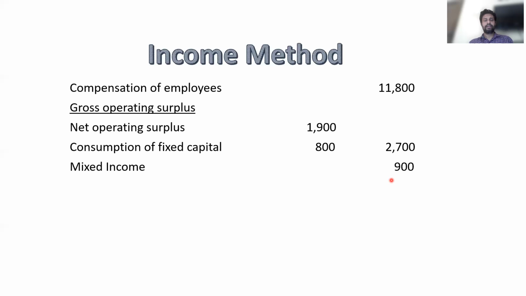I will add here like this way. Net profit plus interest plus rent. These are the income sources.